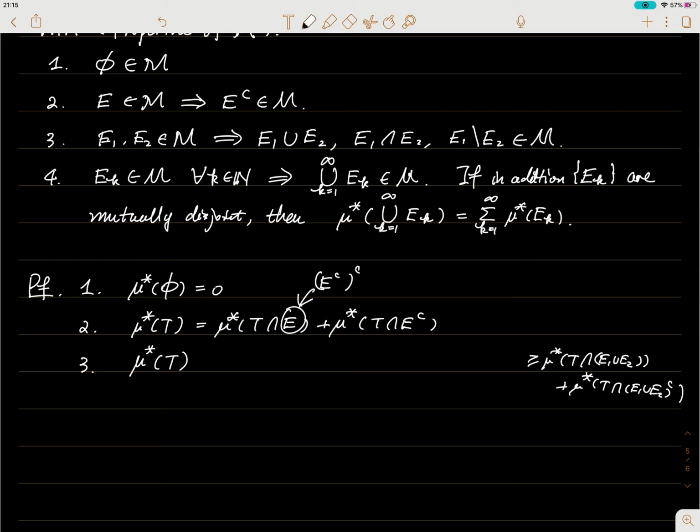Okay, so to show that, let's first use the measurability of E1. Because E1 is measurable, I know the outer measure of T is equal to the sum of these two.